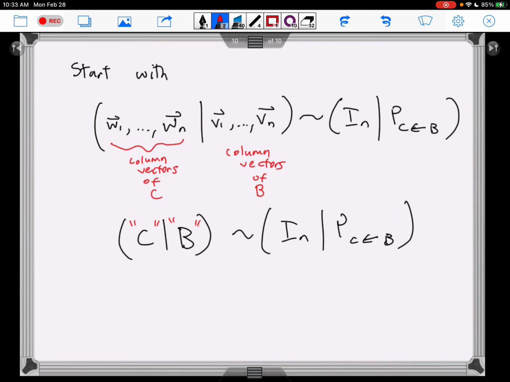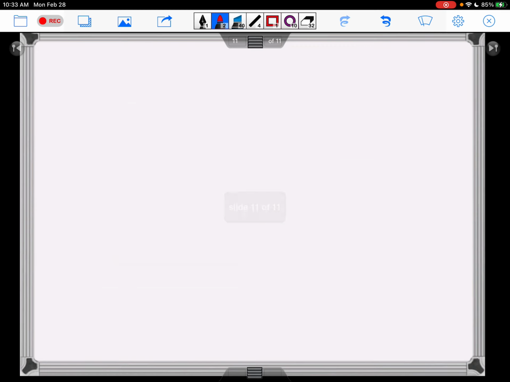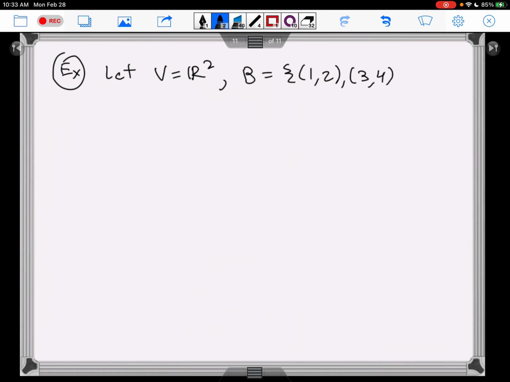So I'm going to do a couple examples here. Let V equal R2, and let B equal 1, 2, 3, 4, and C equal 7, 3, 4, 2.